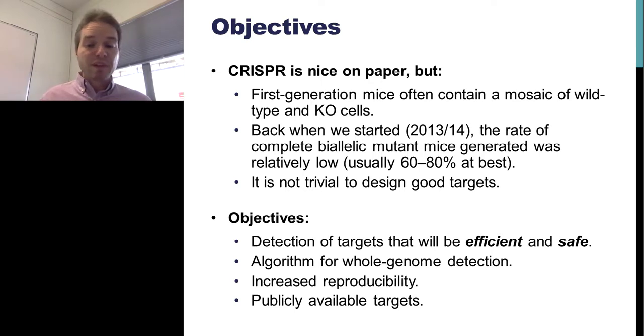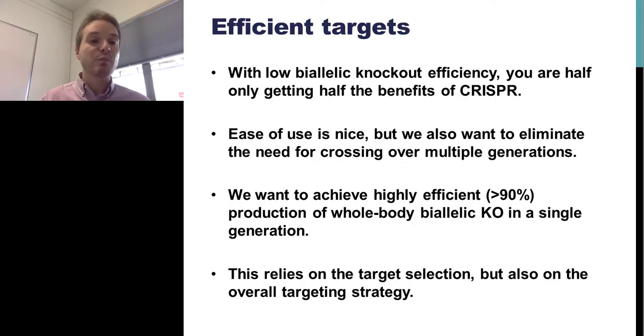One of the objectives in doing that was to increase the reproducibility of the work, and also to make all the targets that we identify publicly available. So I introduce two properties, efficiency and safety. I'll give you more details about what I mean exactly.